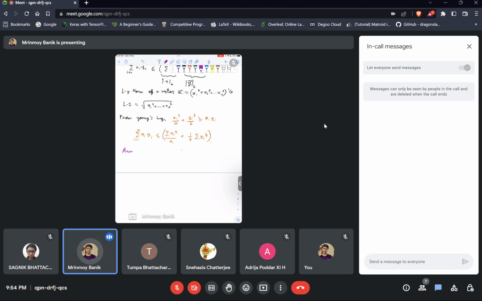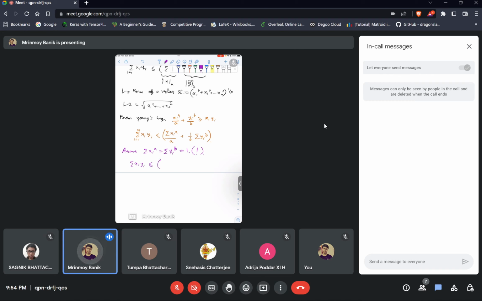Let's first assume that the sum over xi power a and the sum over yi power b are both 1. This is a weird assumption, I know, but let's go on with this. We can later substitute xi, yi to be some ratio.